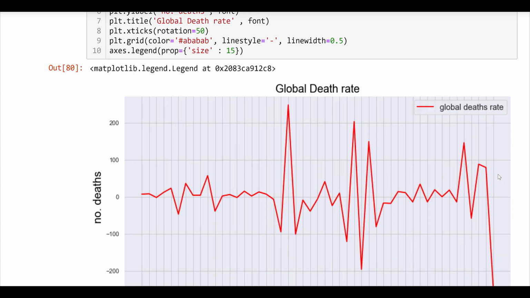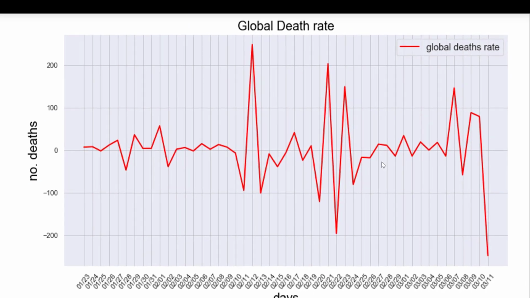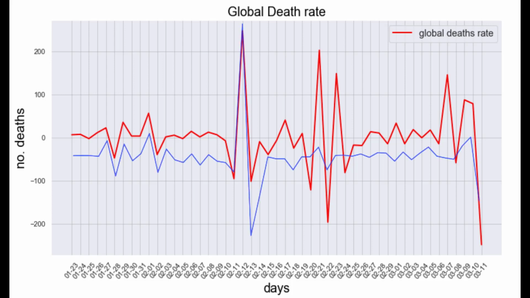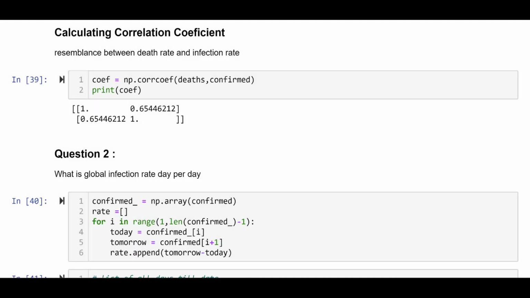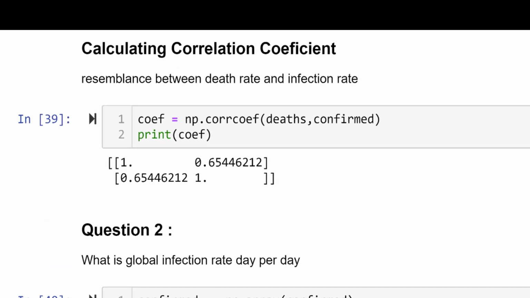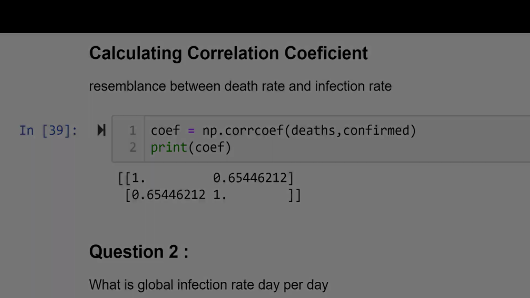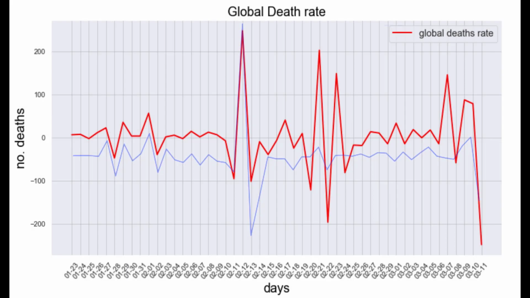So in some sense, I believe the number of people getting infected and the number of people dying every day, the rates, are related. What we discussed before, the infection rate, tells you that they are related somehow. We don't know how.